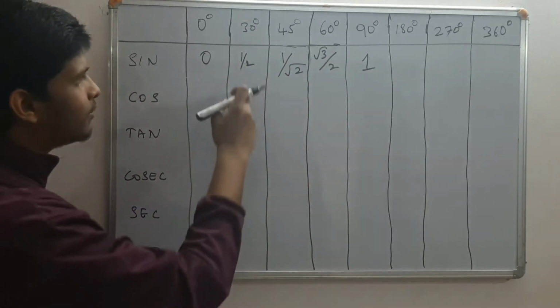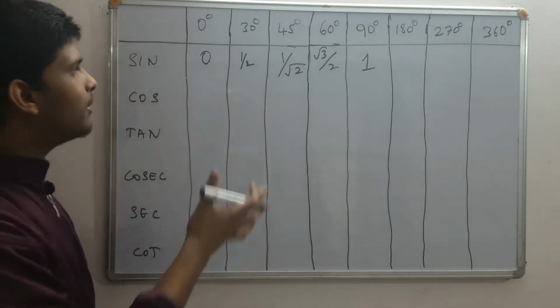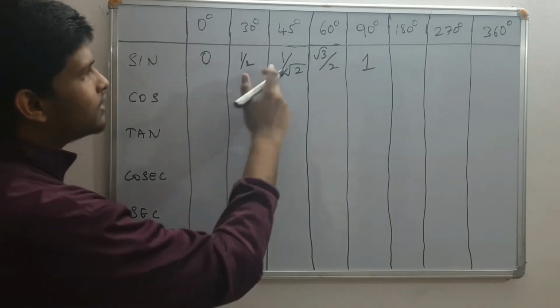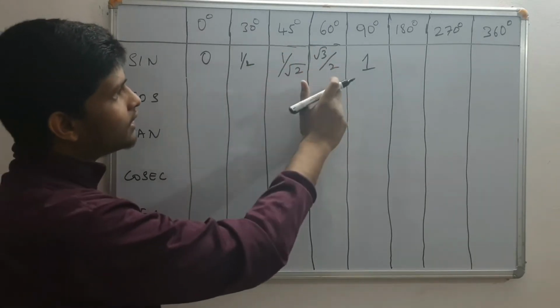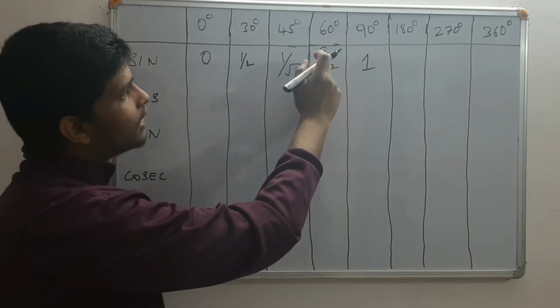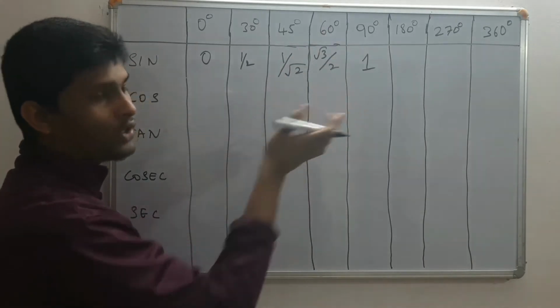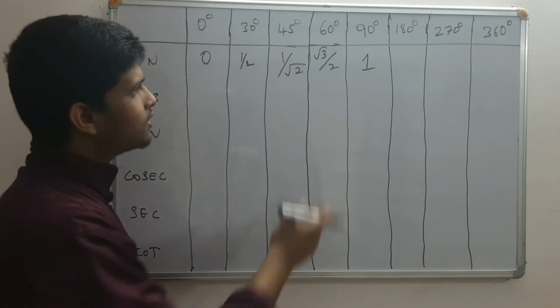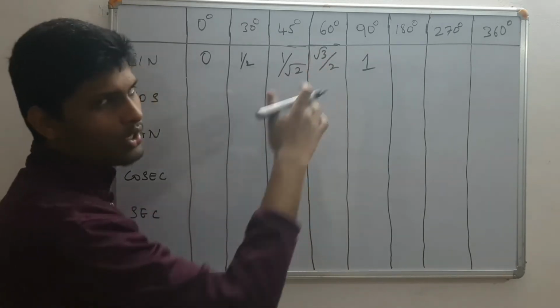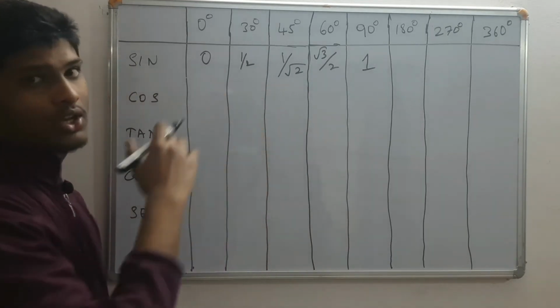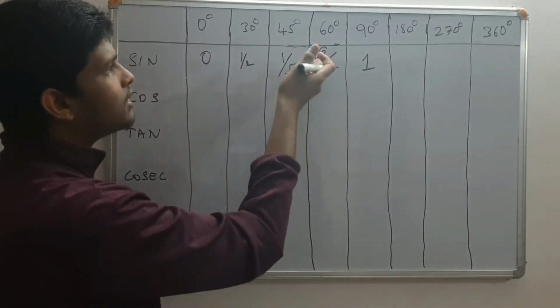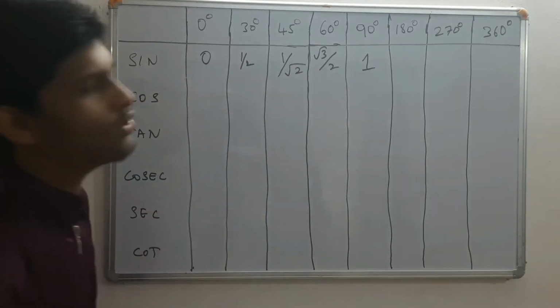In between we write 1 by 2, an increment of half. Next we put a square root in the denominator, and for sine 60 degrees we put the square root in the numerator, with 3 above and 2 below. That's it, all 5 values are remembered.